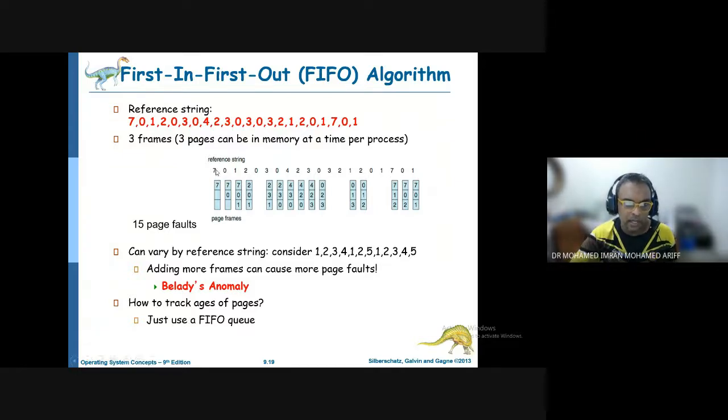Okay. So 7, file number 7 masuk dekat first location. File number 0 masuk dekat second. File number 1 masuk dekat sini. Alright. Now, file number 2. File number 2 nak masuk kat mana? Because 7 semua dah ada. So in the first in first out algorithm, dia akan masuk dekat nombor 7. Because 7 was the first one.